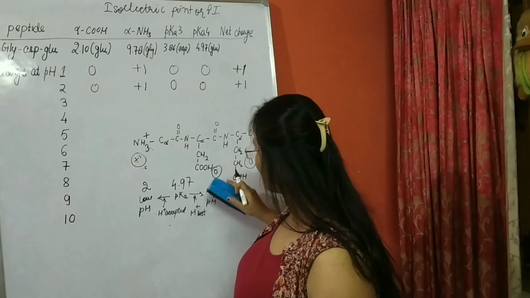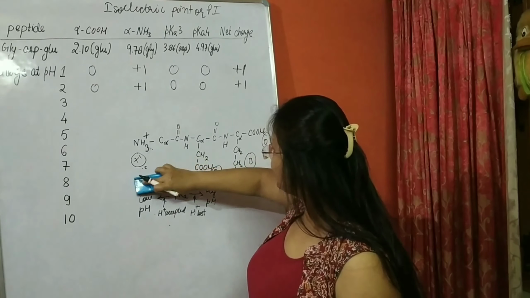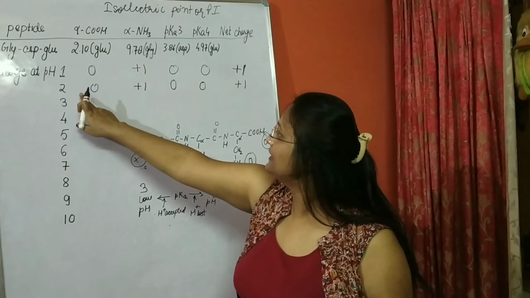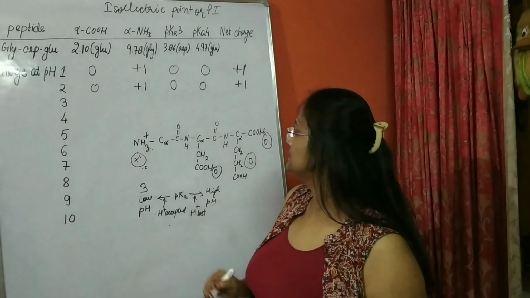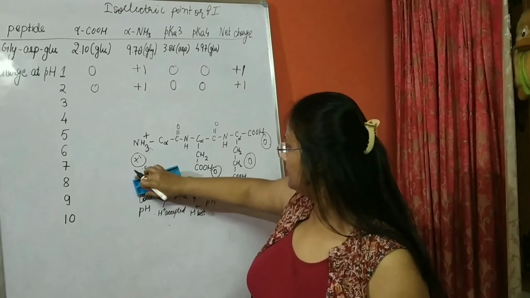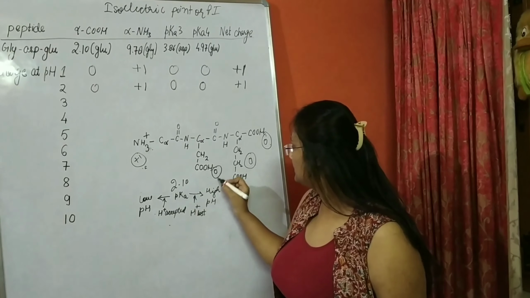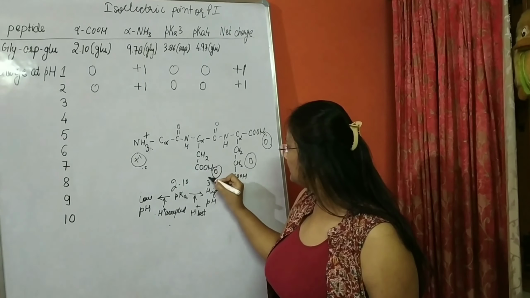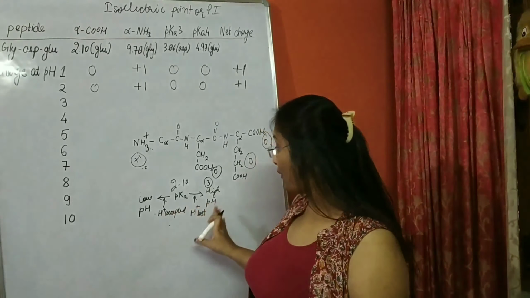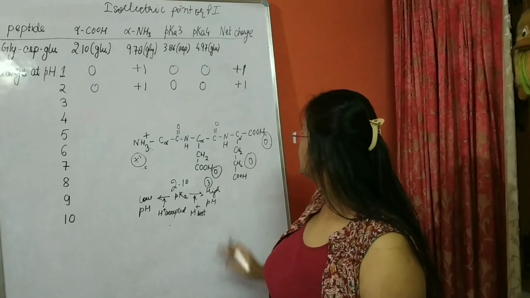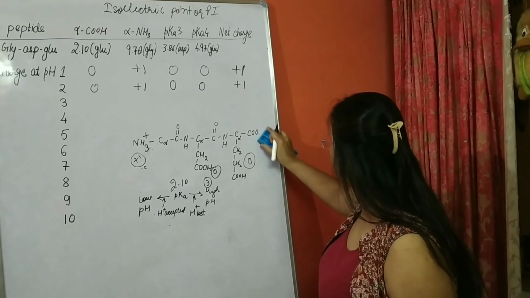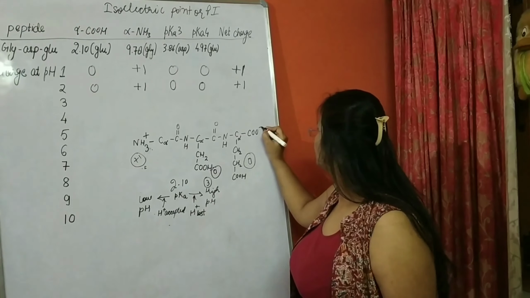Now let us consider a pH of 3. We have done 1, 2, now 3. So now the pKa is 2.10, but this time it is kept at pH 3. So here pH is higher. In this case H plus will be lost. So since H plus will be lost, it will be like this, minus.